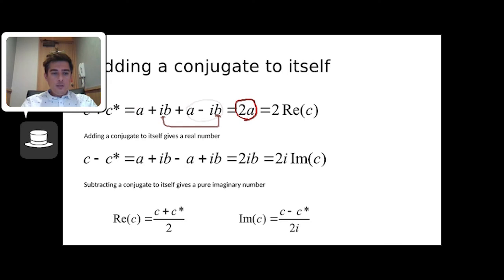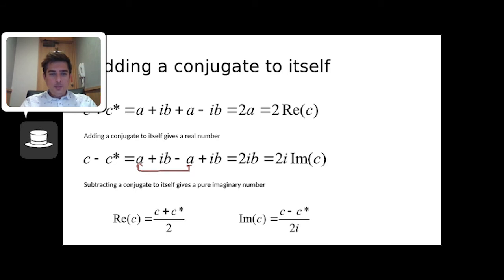In fact, subtracting the conjugate from the complex number does something similar, but it cancels out the real part. You're killing off the real part of the number, and you're just left with the imaginary parts.